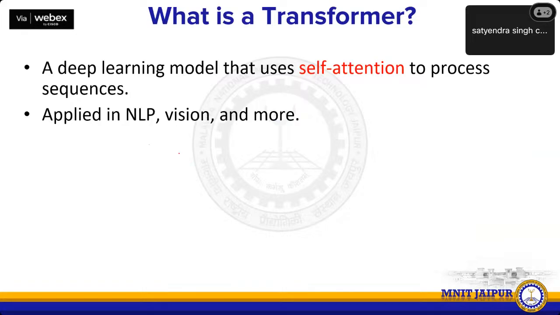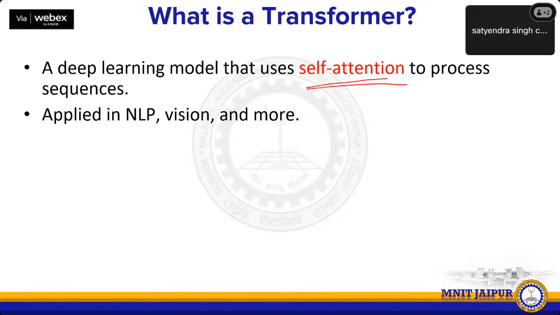So what is a transformer? Transformers are deep learning models that use self-attention to process sequences and to address the limitations of earlier models like RNN. Unlike RNN, which processes sequences step by step, a transformer can handle the entire sequence at once, because of the self-attention mechanism.